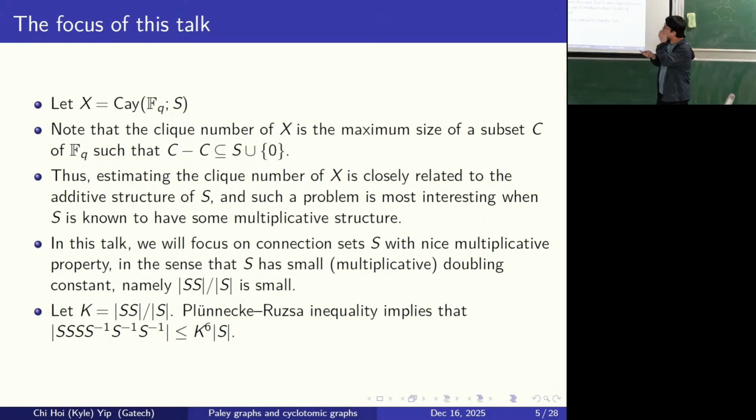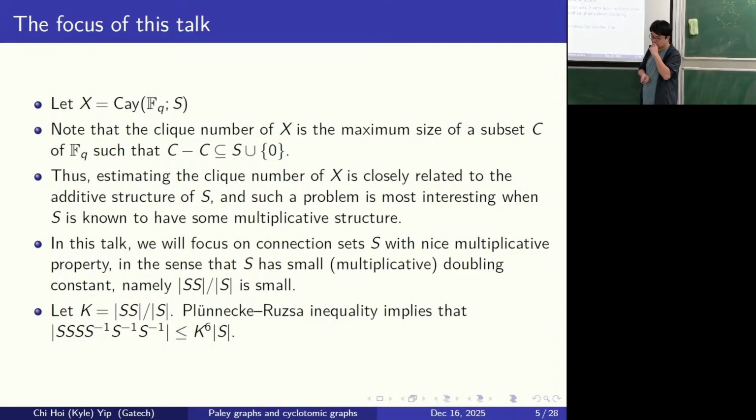The focus of this talk is that we study some graphs which are close to cyclotomic graphs, but maybe not exactly cyclotomic graphs. Before talking about that, I want to make some connection between the clique number of such graphs and some problems in arithmetic combinatorics. A clique in this kind of Paley graph means that we want pairwise differences to lie in the connection set S, because that's the definition of a Paley graph.